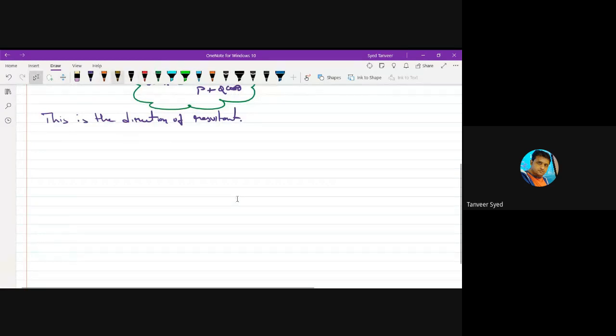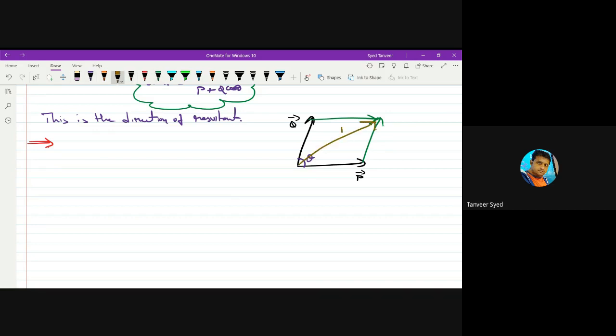So overall, the thing that we have got is, if you have two vectors like this, P and Q, which are making angle theta with each other, then their resultant is given by this R, which makes angle alpha with vector P. The magnitude of this resultant is root of P square plus Q square plus 2PQ cos theta.